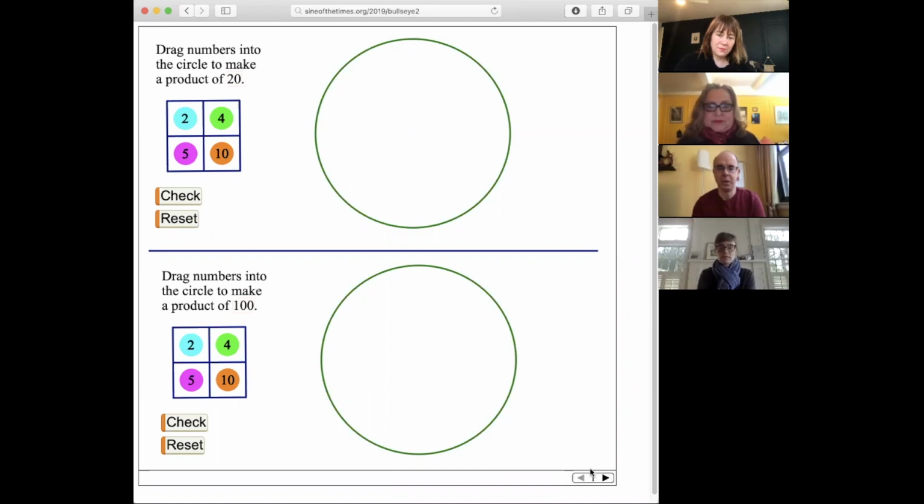In the lower right-hand corner, you'll see a page navigation control, and if I press the right arrow, it moves us to a second paired set of problems. Here, the product on the top is 24, and on the bottom, we have a product of 48. As before, students can think about the relationship between the numbers that make a product of 24 and those that make a product of 48.